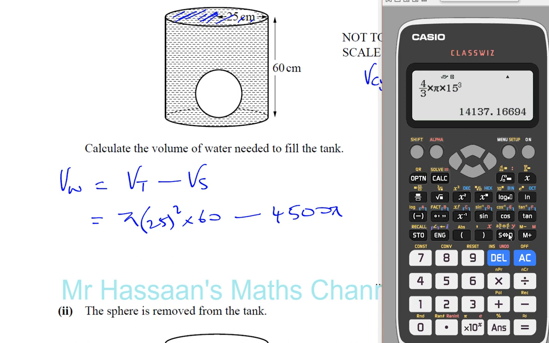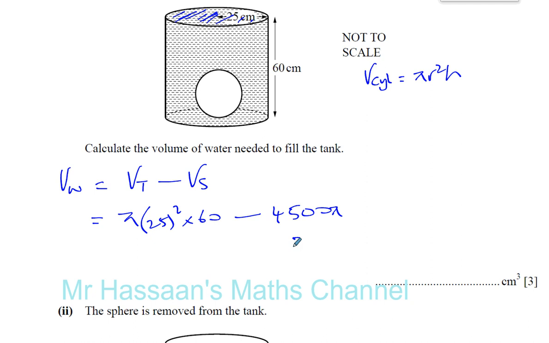What I'm going to do is pi times 25 squared times 60, minus my answer. The answer is the last answer that appeared the last time I pressed the equal sign, which was that 4,500 pi. So you get 33,000 pi.